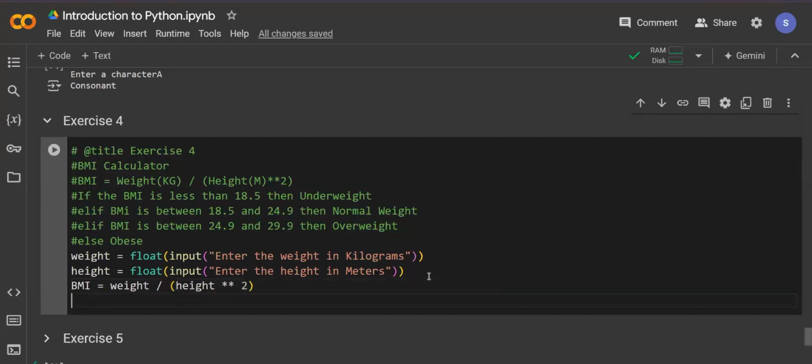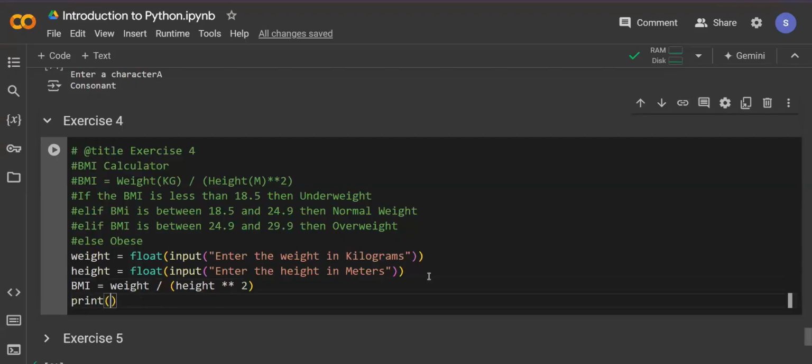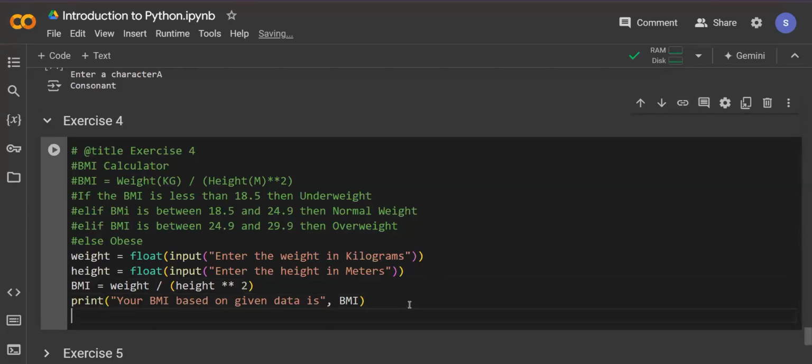First of all, let us print the value. Print, your BMI based on given data is, and then BMI. Now let's understand how to solve this problem.